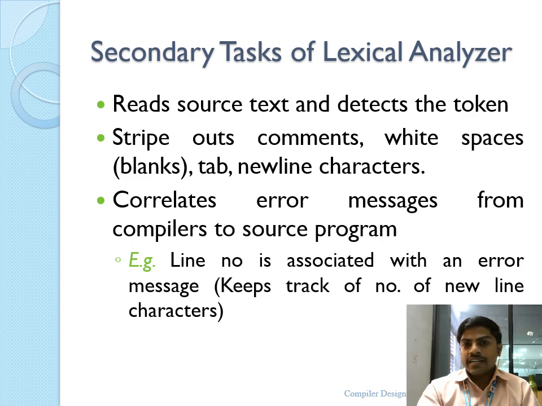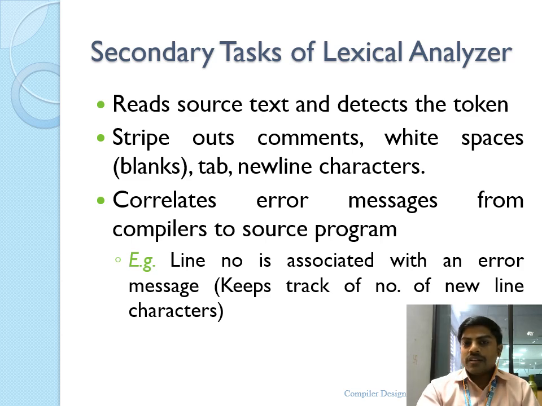What are the secondary tasks that a lexical analyzer does? It reads the source text and detects the tokens, and strips out the comments and white spaces, which are called blanks, tabs, and newline characters, which are not part of the regular program or tokens. It correlates the error messages from the compiler to the source program.